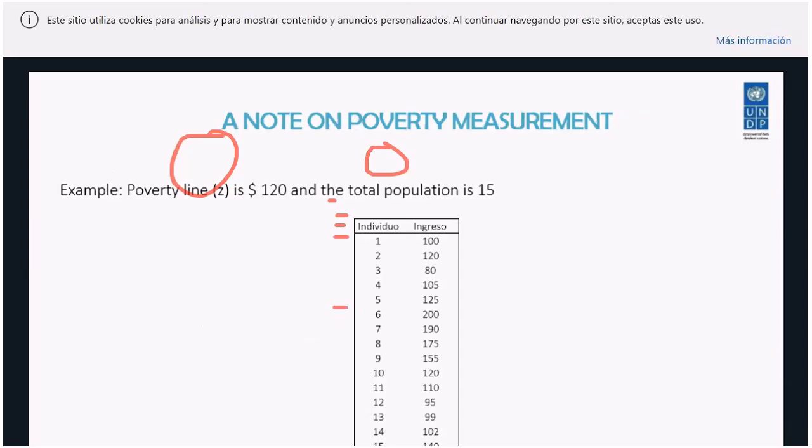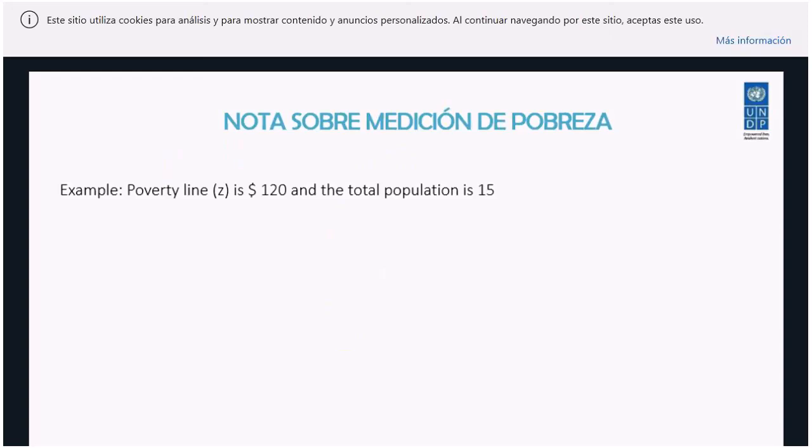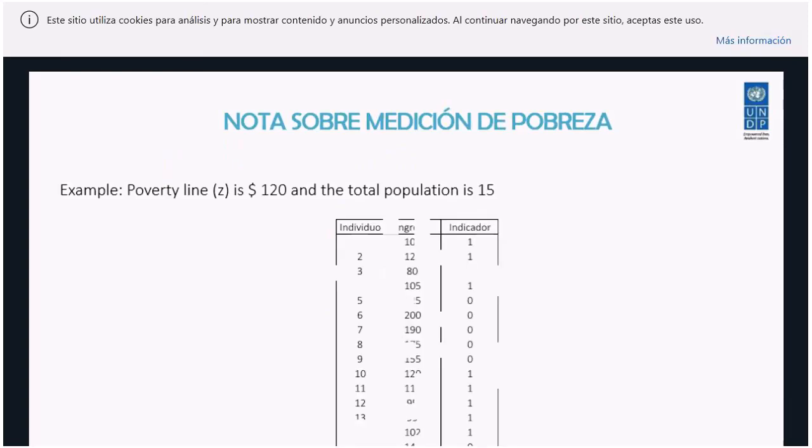Poor, poor, poor, poor, and poor, right? So you have 9 individuals in poverty. If your total population is 15, you divide 9 by 15, and you get that 60% of the population is living in poverty. Just as simple as it is.